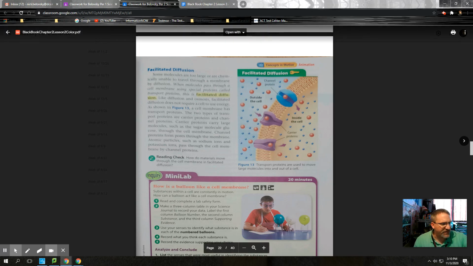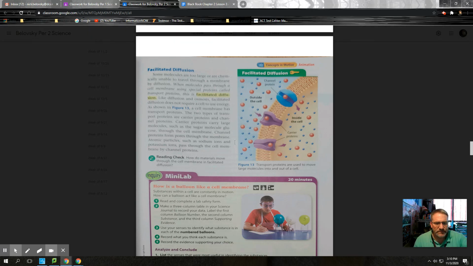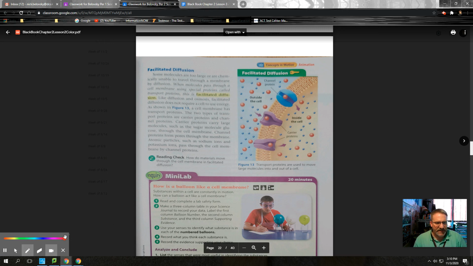All right. What is facilitated diffusion? The definition for facilitated diffusion, let's get another color here, is right here. I've kind of messed that up, so let me erase that so that we can see it a little bit better.